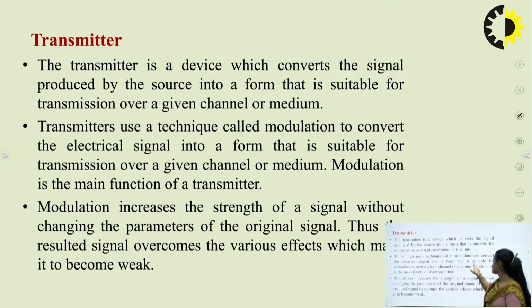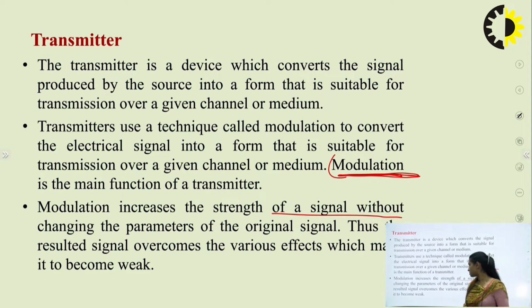So, whenever you're mentioning the transmitter, modulation is something which you cannot miss out. Whenever you're mentioning transmission, you have to mention modulation. The modulation increases the strength of the signal without changing the parameters of the original signal. Thus, the resulting signal overcomes the various effects which make it become weak.